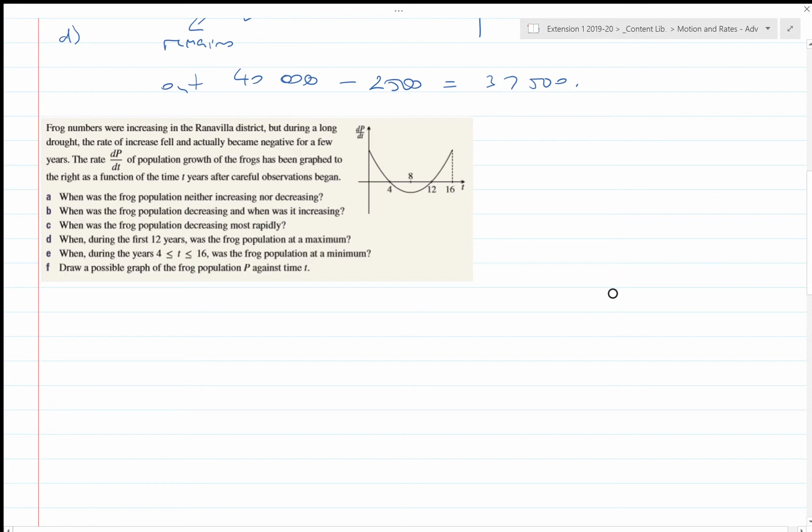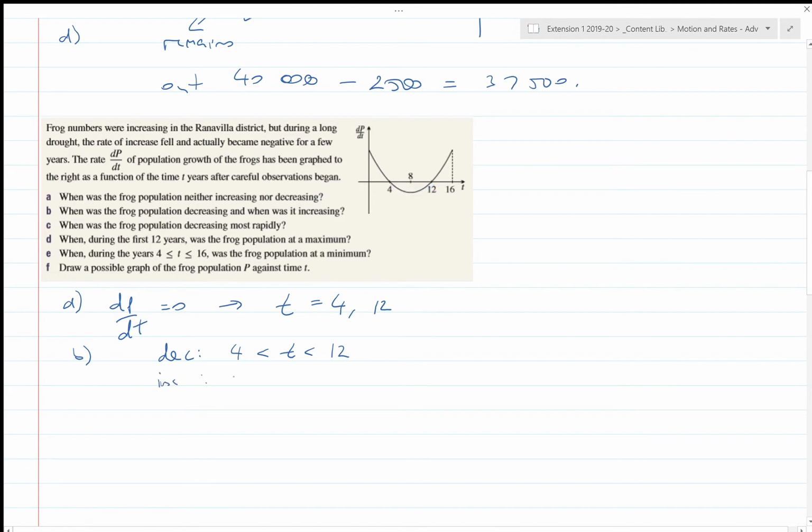When was it neither increasing or decreasing? Well, that's here and here. Right, so that's P dash T is 0, at 4 and 12. Decreasing is between 4 and 12. That's when the derivative is negative.